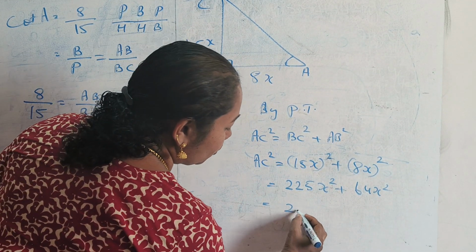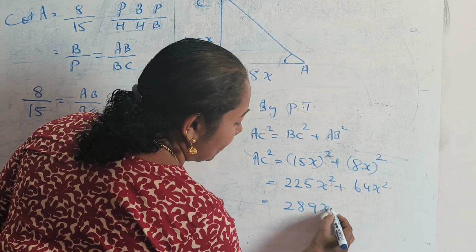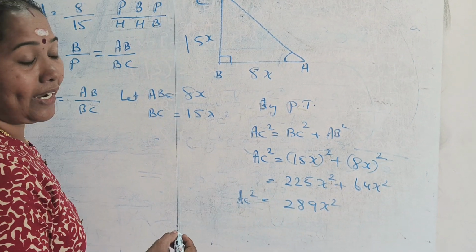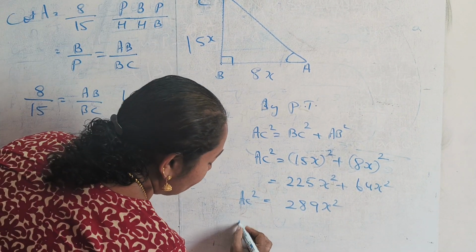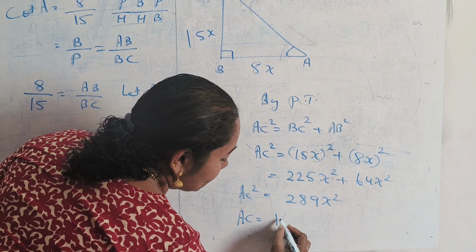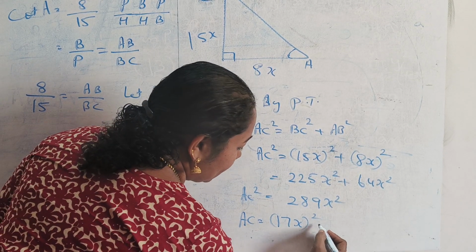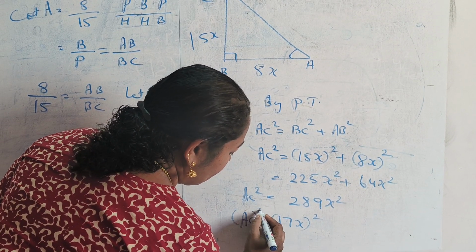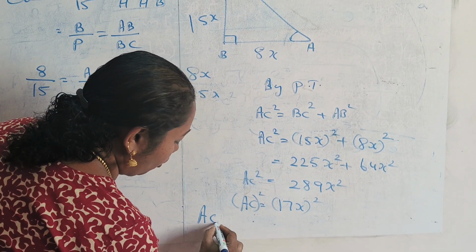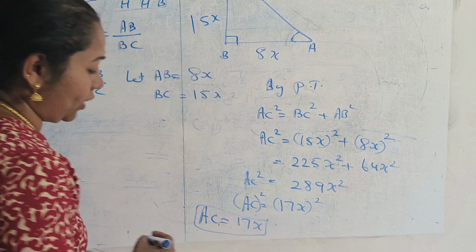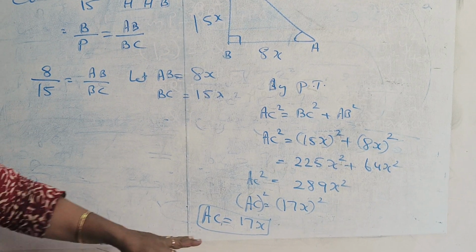That is 289x squared. AC squared equals 289x squared, that is AC is equal to 17x. We got the value AC equals 17x.